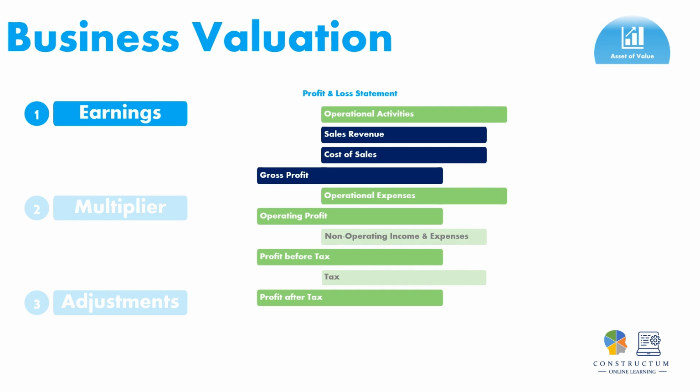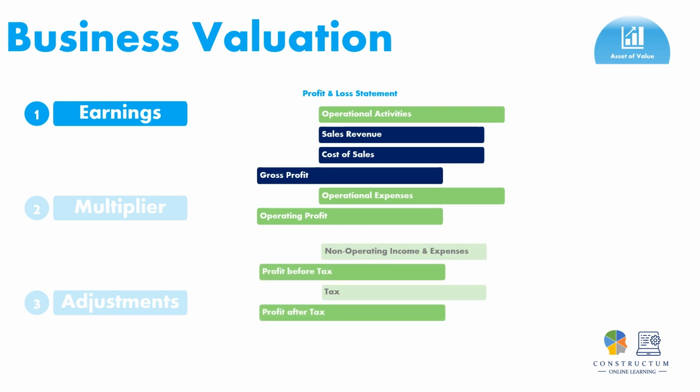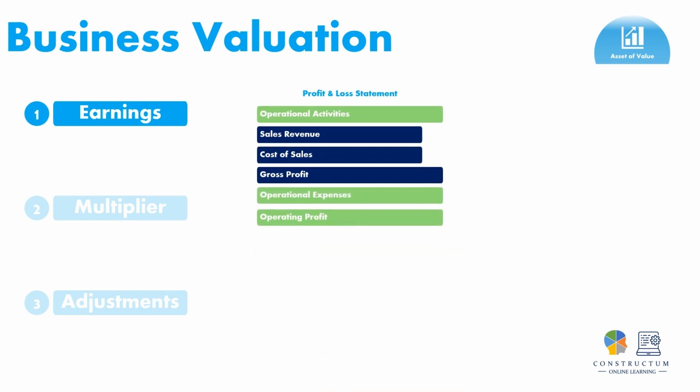For this method of valuation, we are interested in operating income or operating profit, often referred to as EBITDA, earnings before interest, tax, depreciation, and amortization. Operational income is most often accepted as a proxy for earnings.